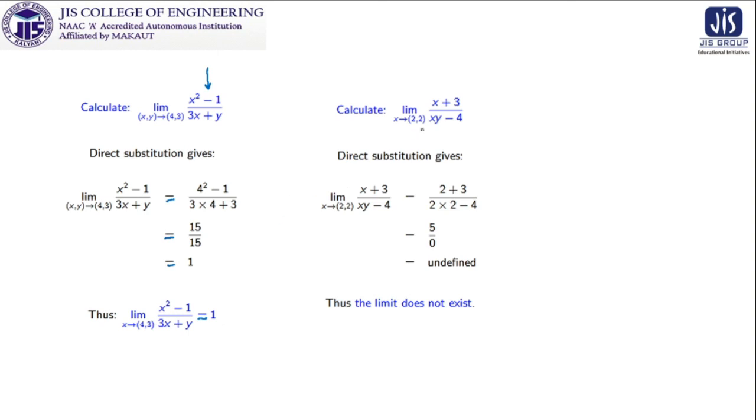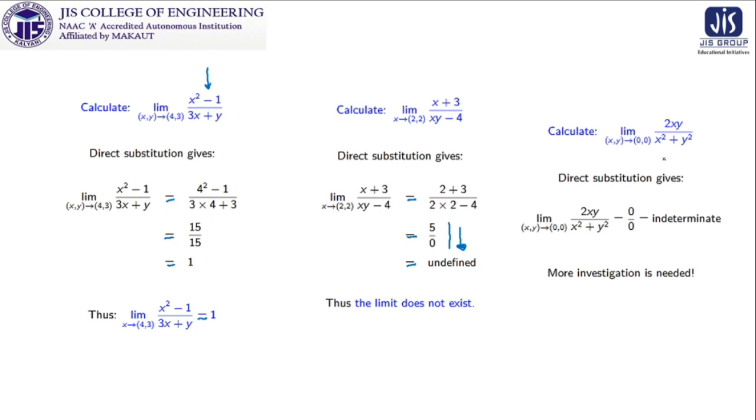When you get another problem like this and try direct substitution, you will get 5 by 0, which leads to the decision that it is undefined, so the limit does not exist. And if you have another function like this, direct substitution will give you the 0 by 0 form, which is indeterminate, meaning you are not able to determine anything from this. So you need more investigation.